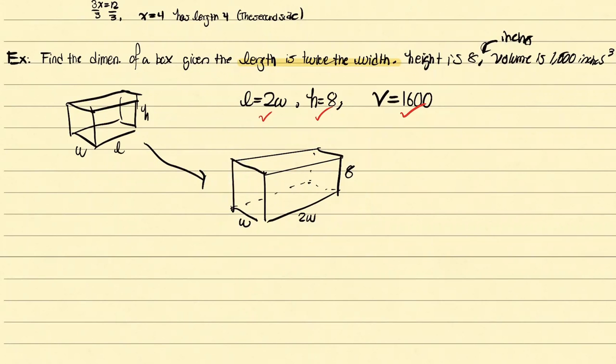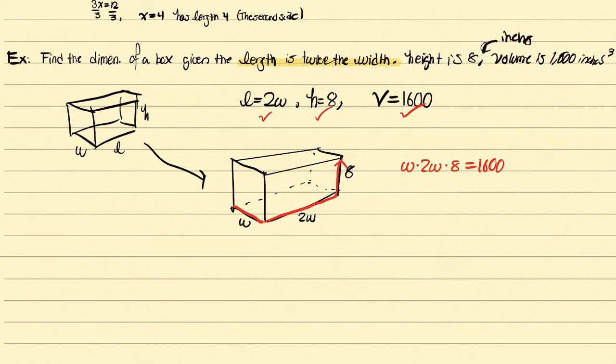So I know the volume of this box must be 1600. So let's write down an equation for the volume of this box. It is W times 2W times 8 is equal to 1600.